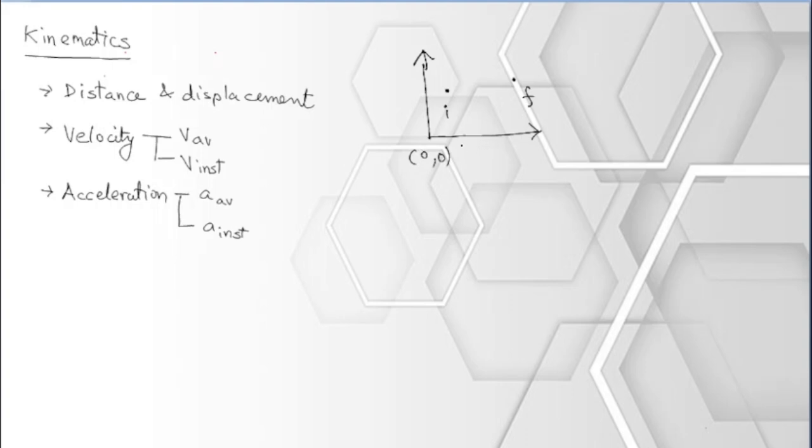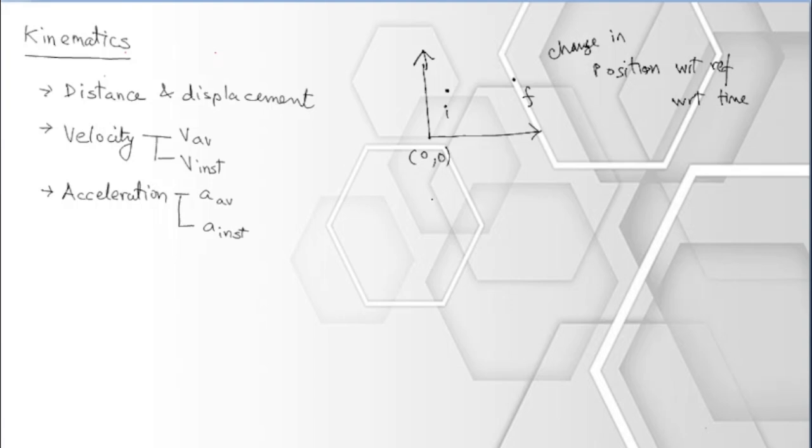So when you are considering motion, you are considering two things: position with respect to reference and with respect to time, or the change in position. So that brings us to distance and displacement.